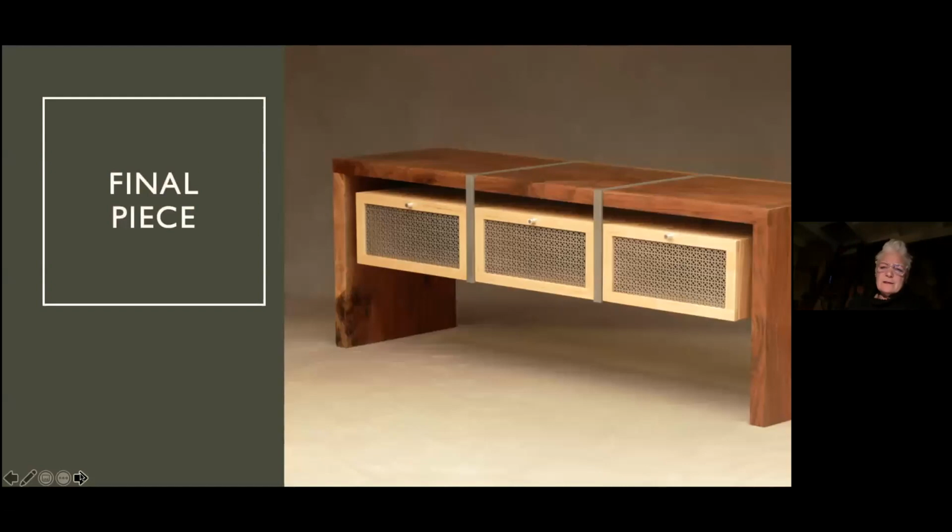I used that design process with this piece. This is the final piece that we came up with. It has massive dovetails that join the edges together here. I had these brackets welded underneath and they're screwed from underneath.